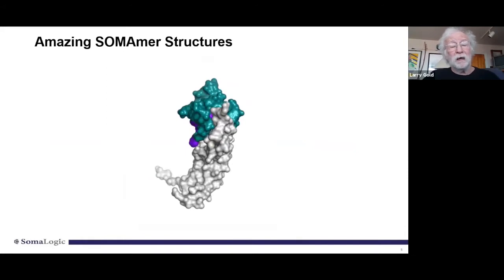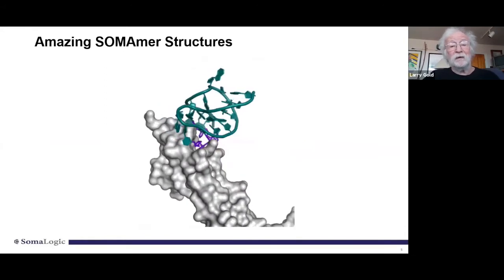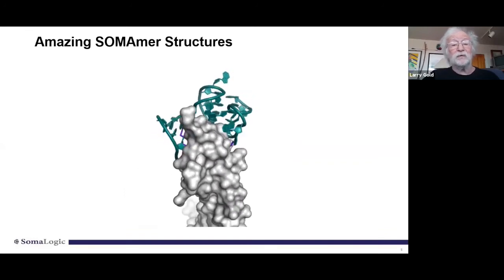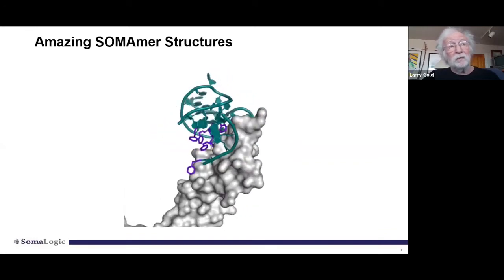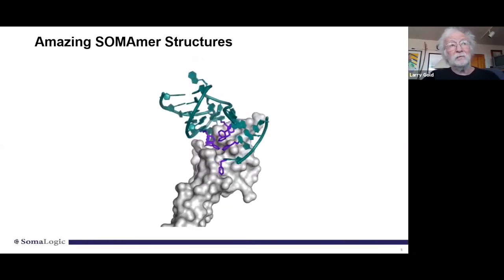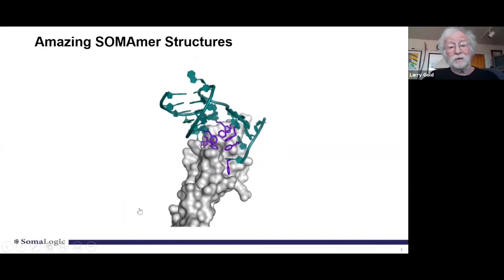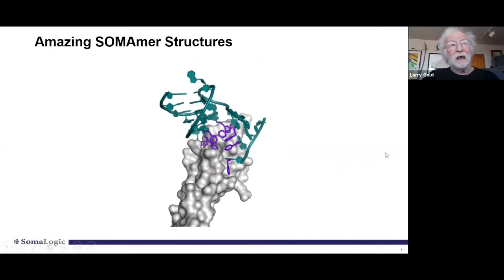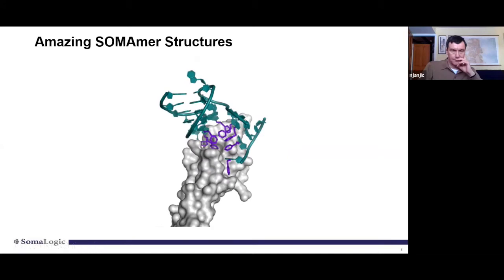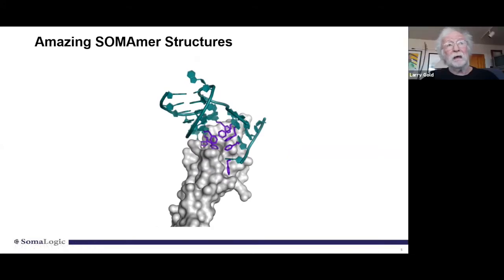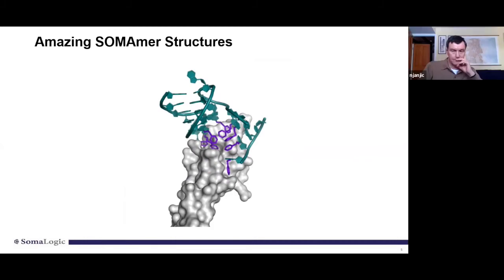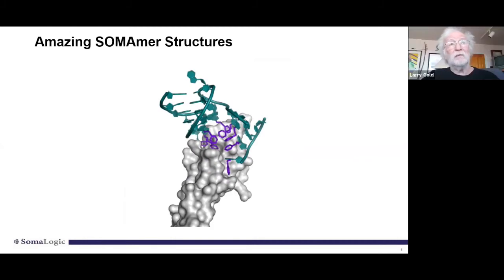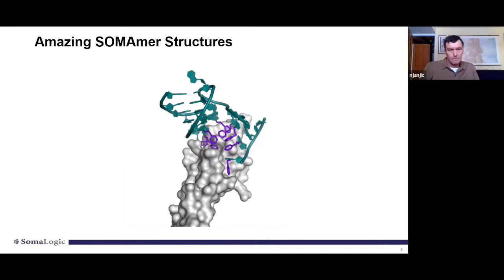Until you get to the mods, the purple things, and then finally the actual structure of the SOMAmer, the average person cannot tell the difference between the two globular things shown in the beginning, because you don't know which is a protein and which is a DNA molecule. To me, that is the essence of SELEX and aptamers, the things that Craig did and Andy Ellington. The essence is we made a business, if you will, out of studying the globular qualities of single-stranded nucleic acids.